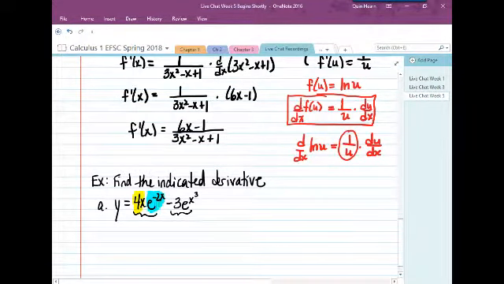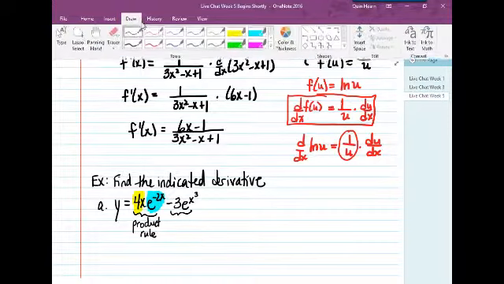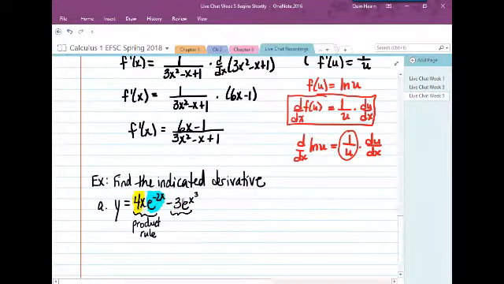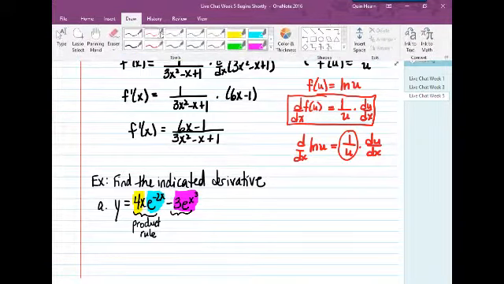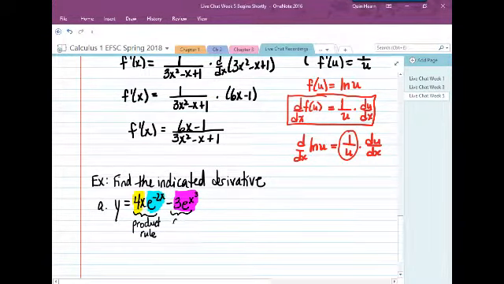And whenever that happens, you have to use the product rule. And then over here on the right, notice that we don't need a product rule because there's only one function of x here. But the power is not e to the x, it's e to the x cubed. So that is a composition of functions. So that means that we're going to need the chain rule.